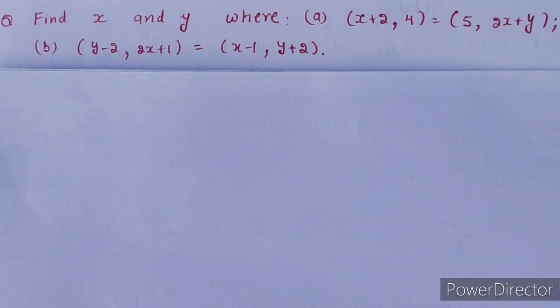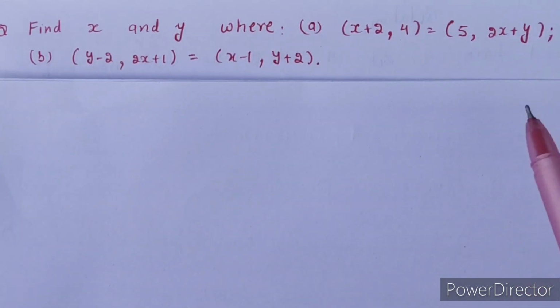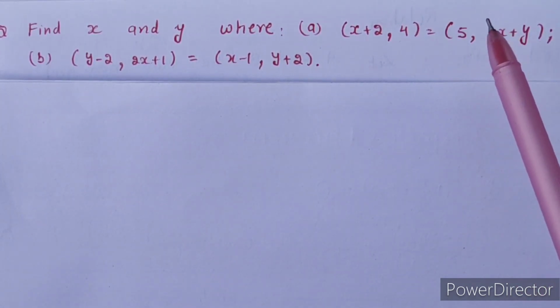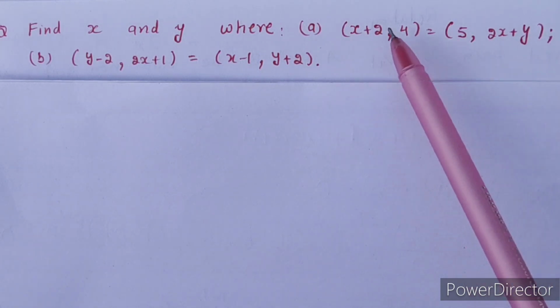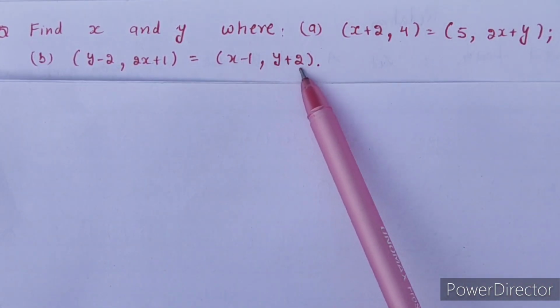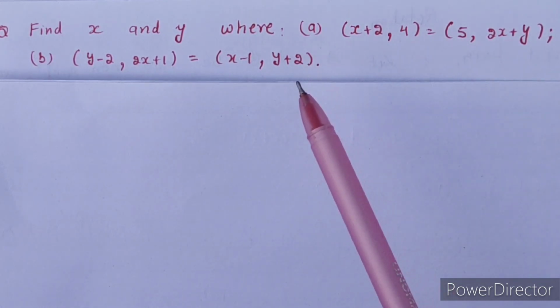Now we will take some examples based on ordered pairs and the Cartesian product. The question is to find x and y where the ordered pair (x plus y, 2) is equal to (5, 2x plus y). This is my first question and it's my second question. ठीक है.